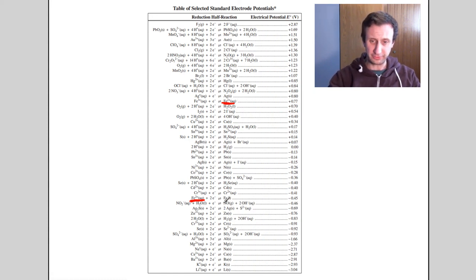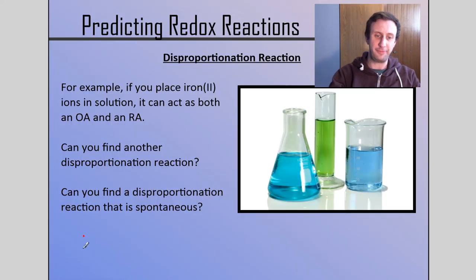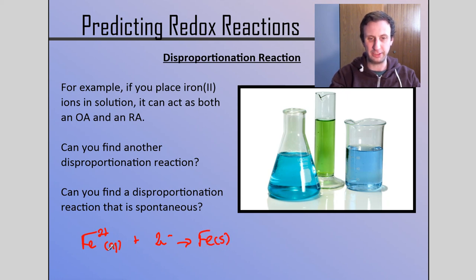So if I were to actually write out the reaction that takes place for the reduction, it would be Fe2+ aqueous plus 2 electrons gives me Fe solid. I should stop rushing because that is looking super ugly.